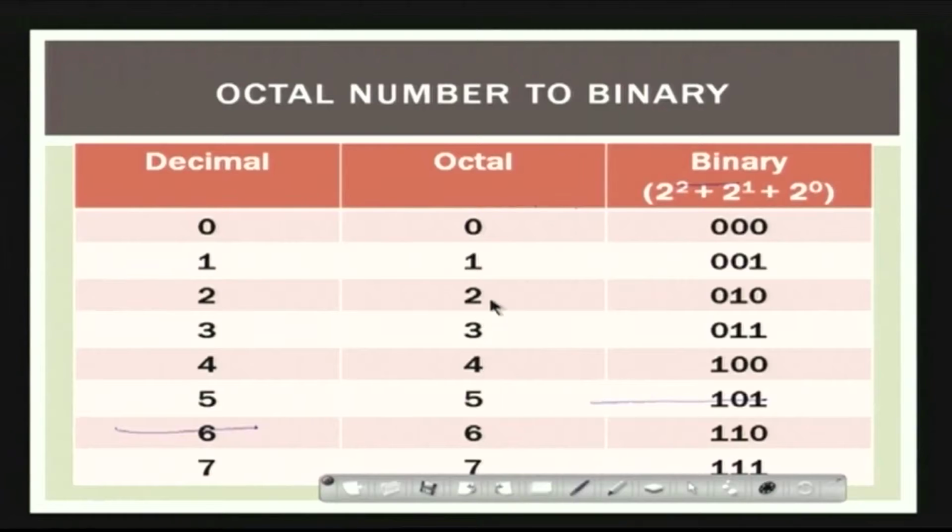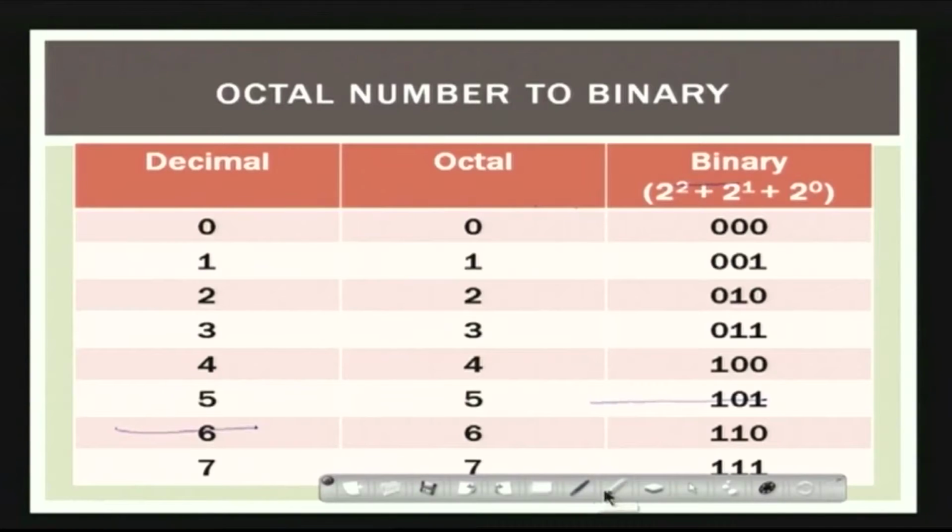Same way 2 can be represented as 0 1 0. 3 becomes 0 1 1. 4 is 1 0 0. 5 is 1 0 1. 6 is 1 1 0. 7 is 1 1 1.